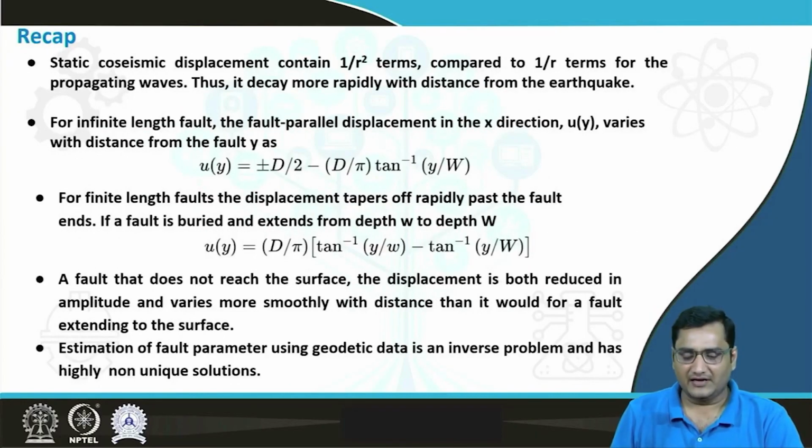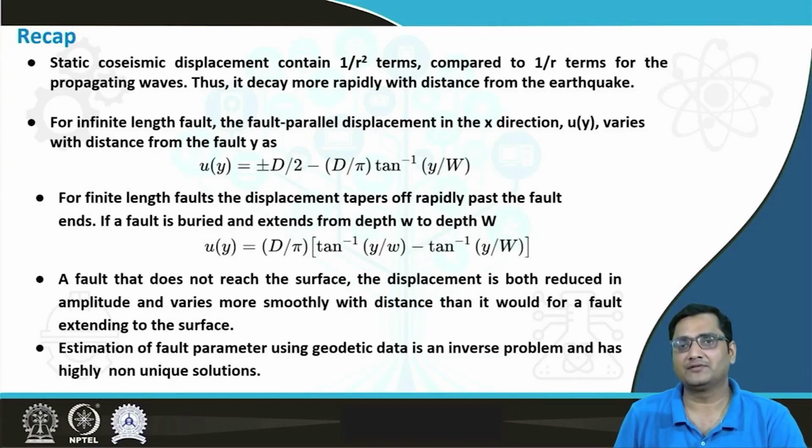Then in the previous lecture we studied the static co-seismic displacement that contains a 1 by r square term. If we compare it with the 1 by r term for the propagating waves, it decays faster with distance from the earthquake.